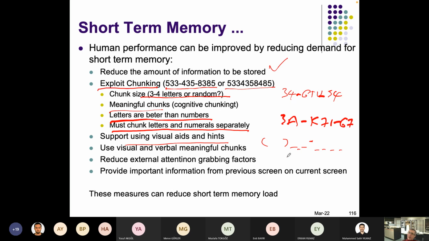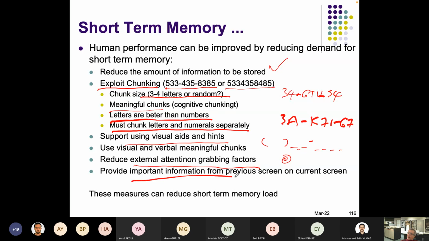For the username, you put an @ sign, so people will automatically think that your username is your email. If there are external attention grabbing factors, try to reduce them. So if somebody is bombing you, stop bombing.